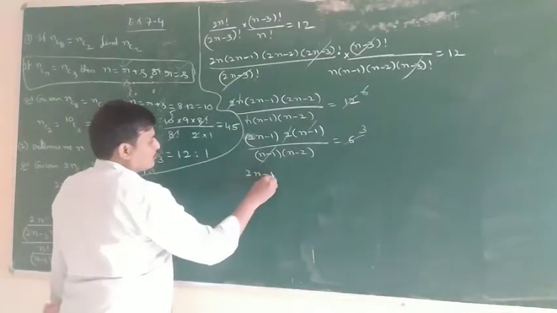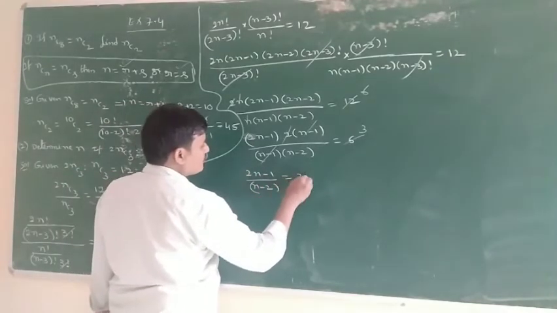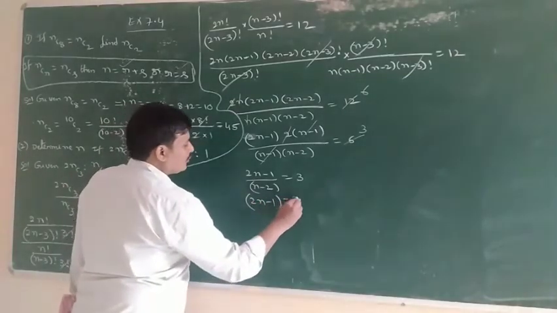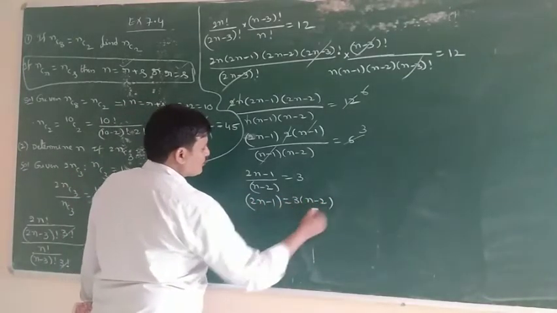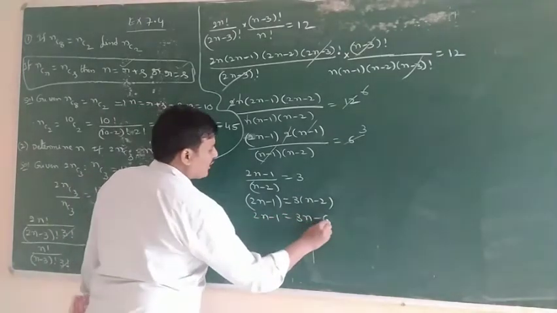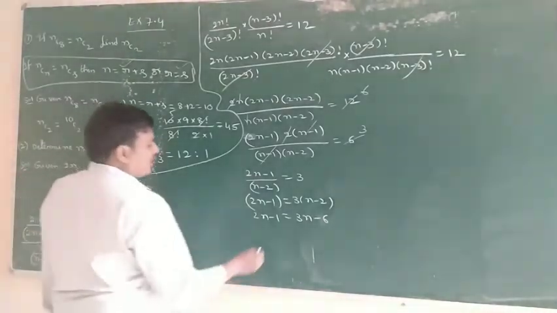Finally 2n minus 1 by n minus 2 is equal to 3. 2n minus 1 equals 3 into n minus 2. 2n minus 1 is equal to 3n minus 6.